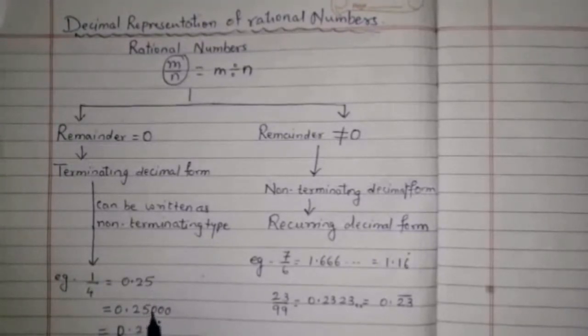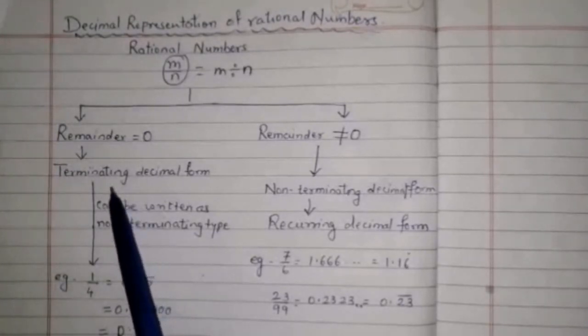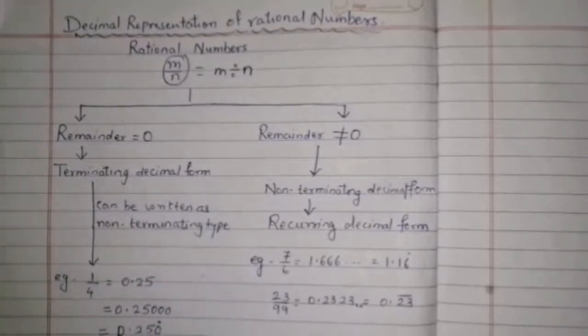If we go on dividing, the quotient we will get is 0, 0 repeatedly. So 0.25 is the quotient, we can write it as 0.250000 many times. So this also can be written as 0.25 recurring 0. So we have converted terminating decimal form into non-terminating type.